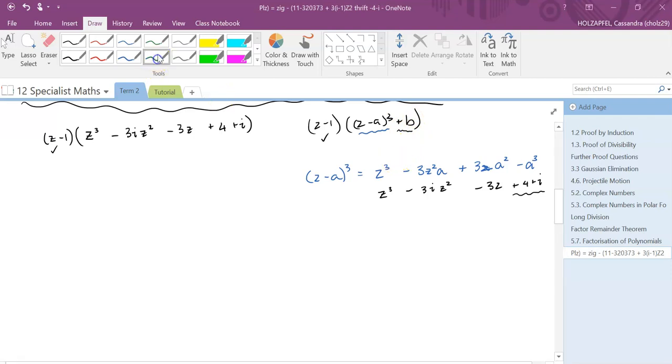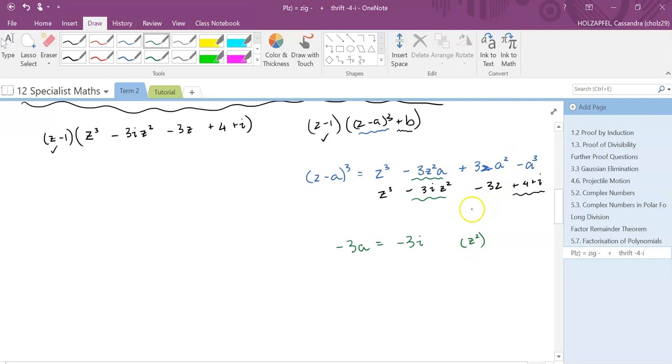So I'm going to write, I might do this in a different color actually. If I write these as their equivalents for this value here, so I'm going to factorize out the z squared and just write the coefficients, then negative 3a is going to be equal to negative 3i. So that was our z squared coefficients.